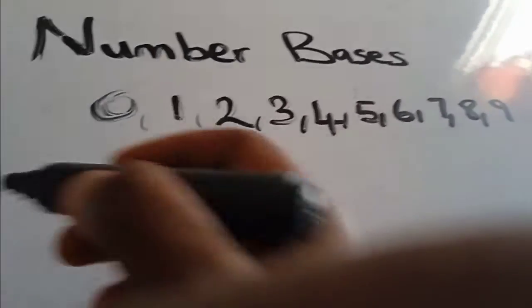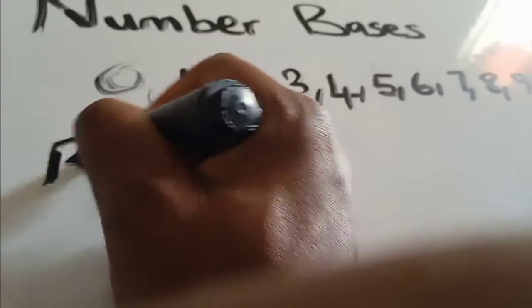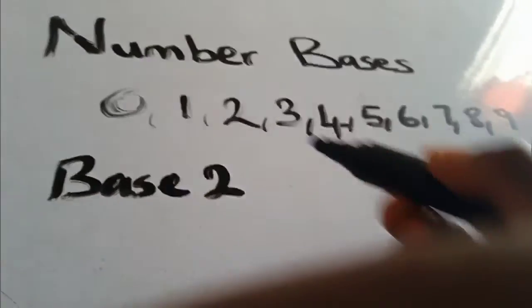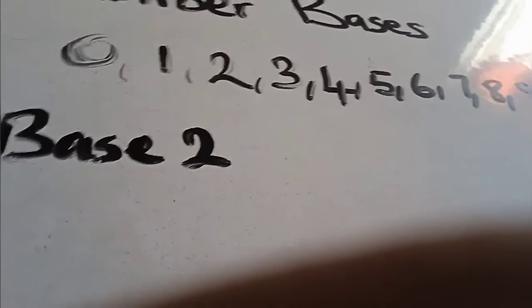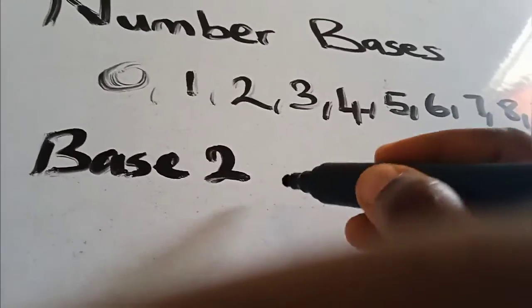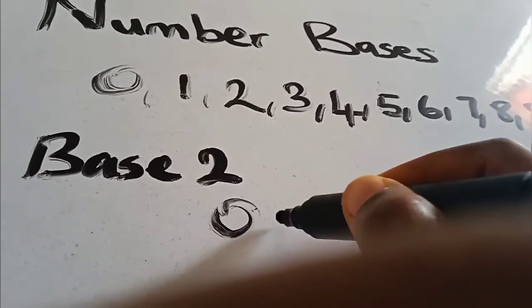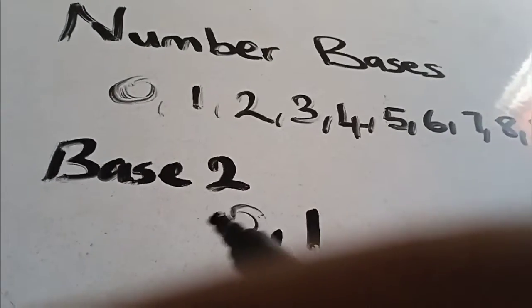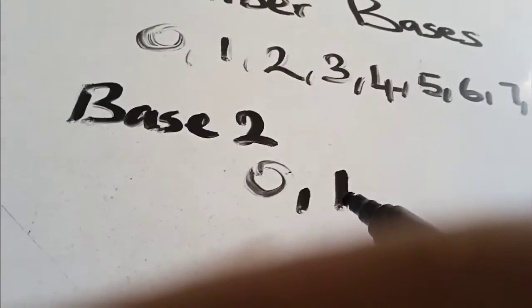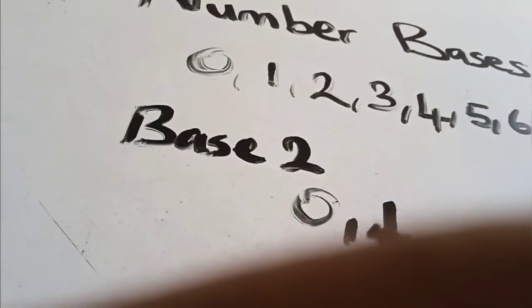Now for base 2, which we call binary, it has 2 digits. And they are 0 and 1. Remember, in all bases, the digits must start with 0. So these are the 2 digits. We have other bases.